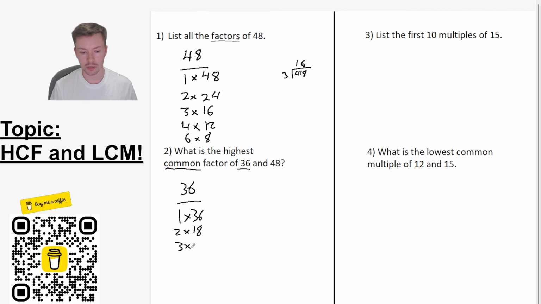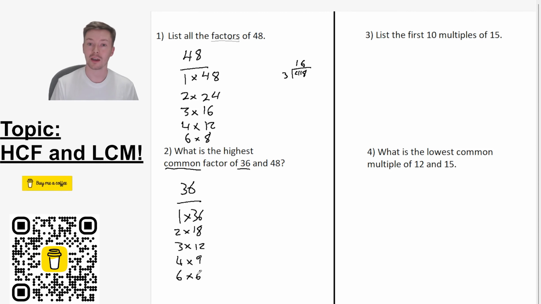We've then got 3 times 12, and then we've got 4 times 9, so 36 has quite a lot of factors. 5 again won't go into it because 36 doesn't end in a 5 or a 0, and then we've got 6 times 6. Okay, now as I've already got this 6 on the other side, and I've just done 6, we know we've got them all, so we can stop.